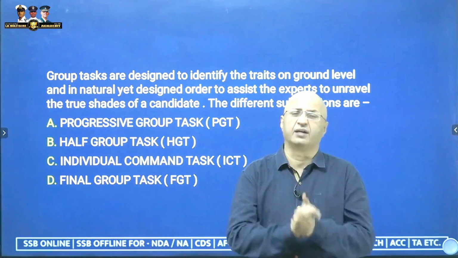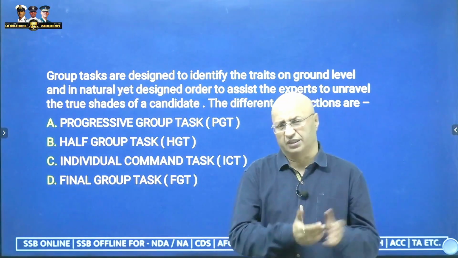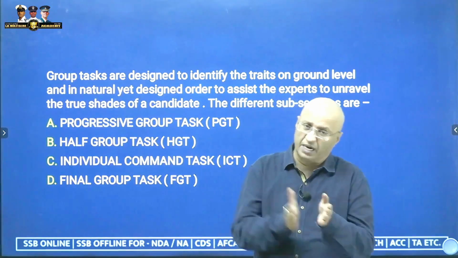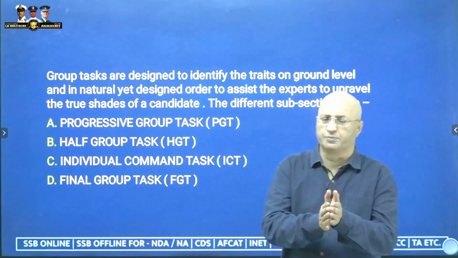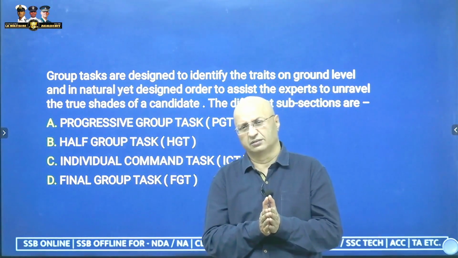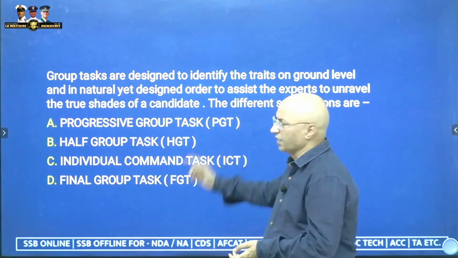Because in a group of 10, there is generally a possibility that they may not be able to look at one person. But when it is half the number, with the keen observation which the group testing officer already has, he will identify you.